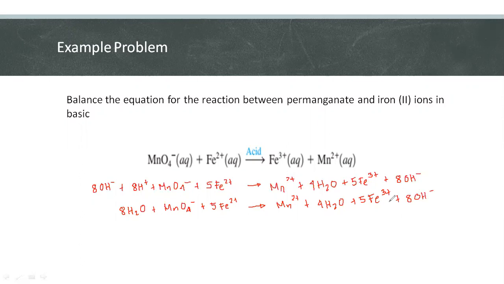Okay, so third step, we have to eliminate the water being formed in our equation. Since at the left side we have 8 water, and at the right side we have 4 water, we can eliminate this one by 4.